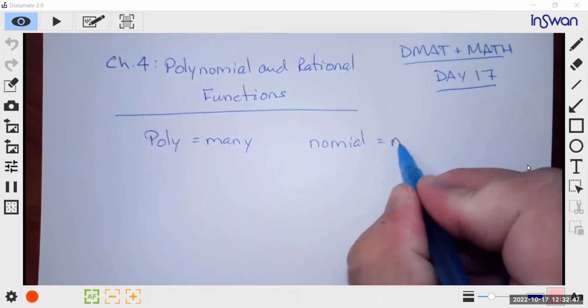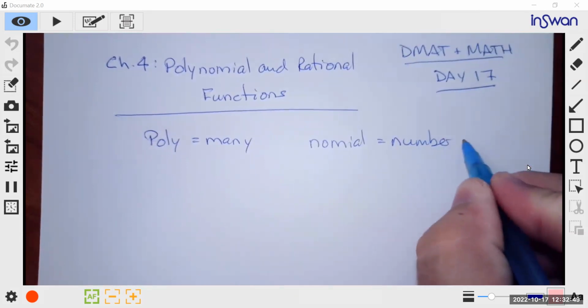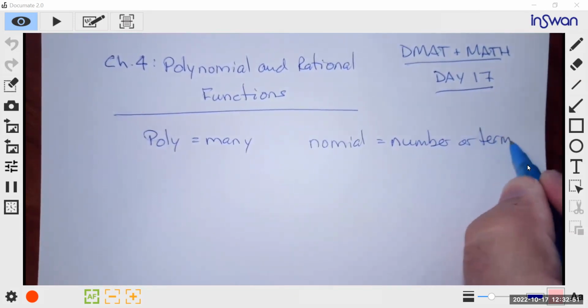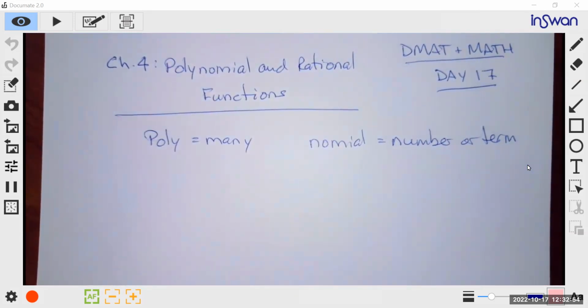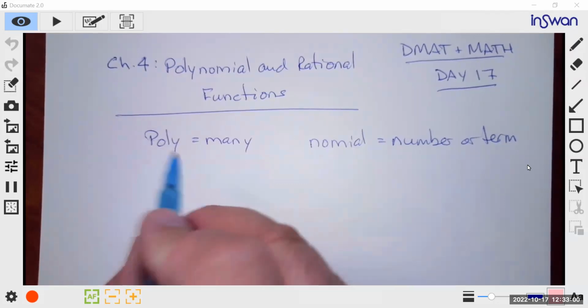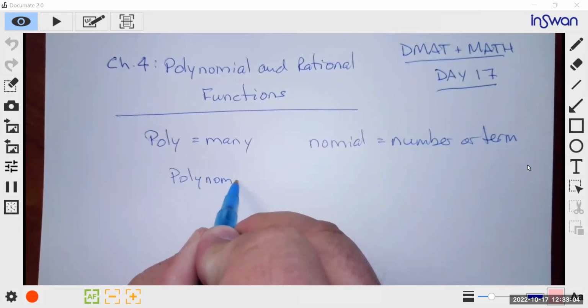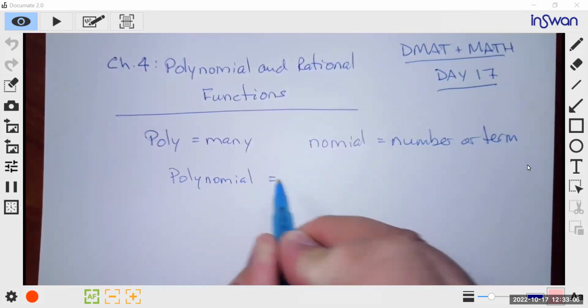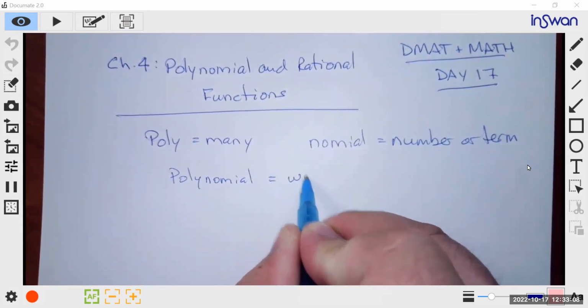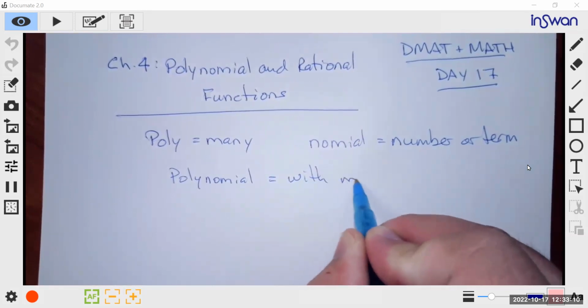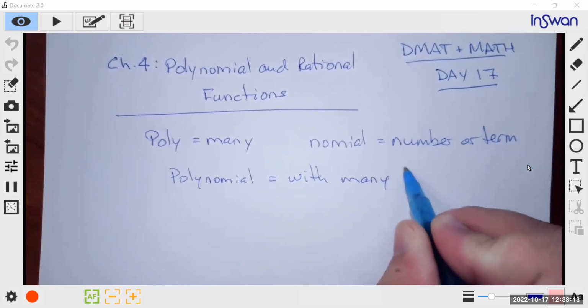Nomial could be a number or term. So a polynomial is an equation with many terms.